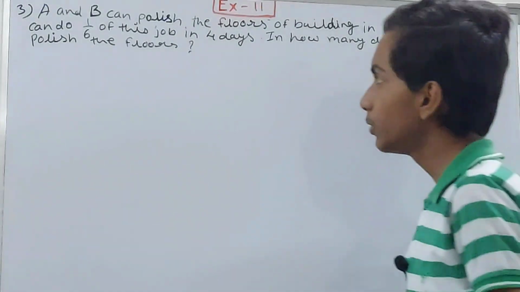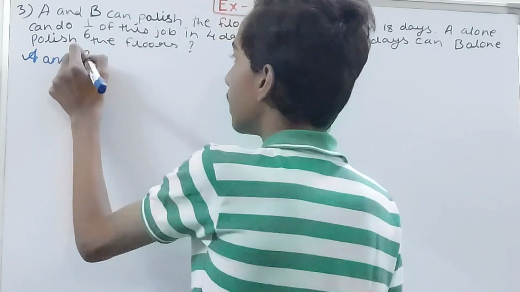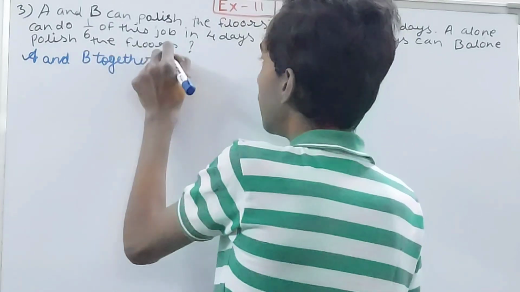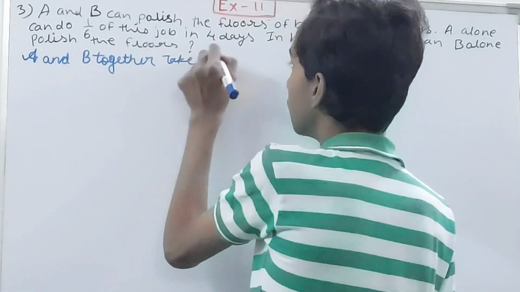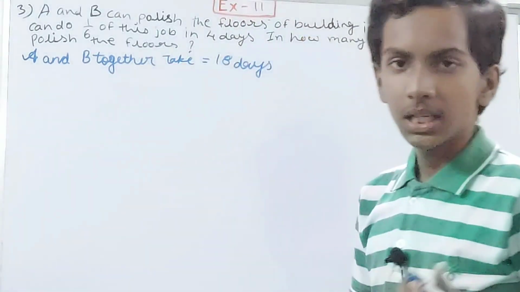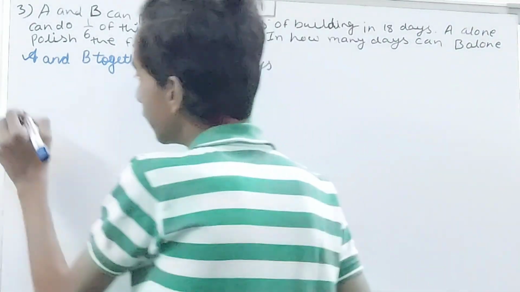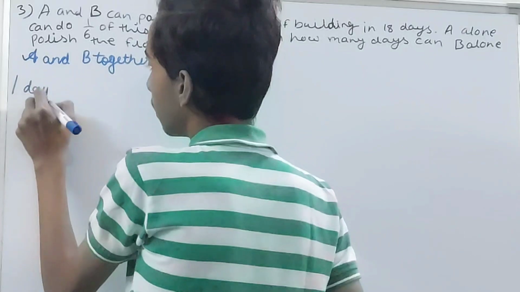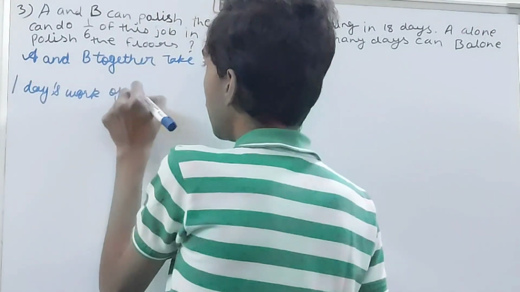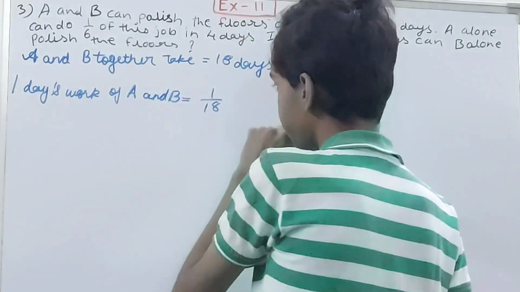First of all, we know that A and B together take 18 days to do the work, or the job, whatever it is. Now I will calculate 1 day's work of A and B, both of them combined. 1 day's work of A and B will become 1 upon 18.